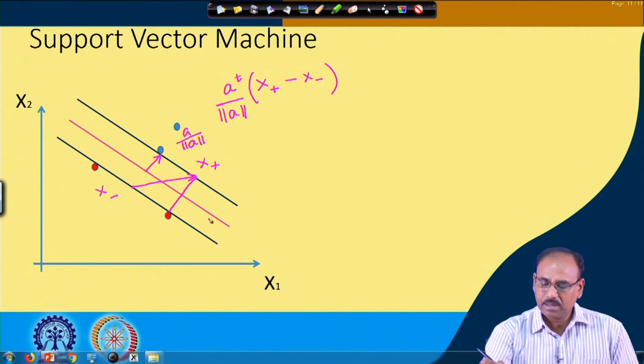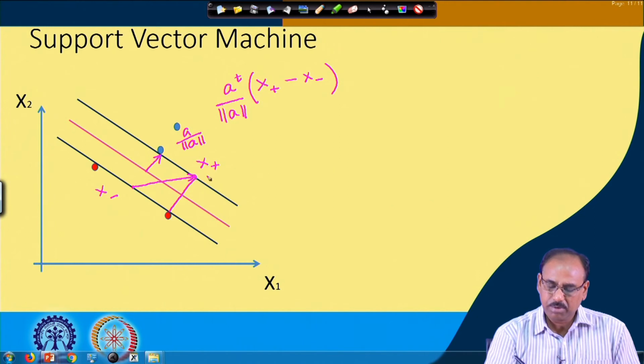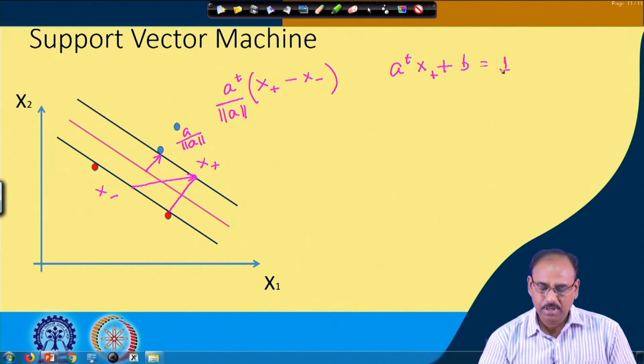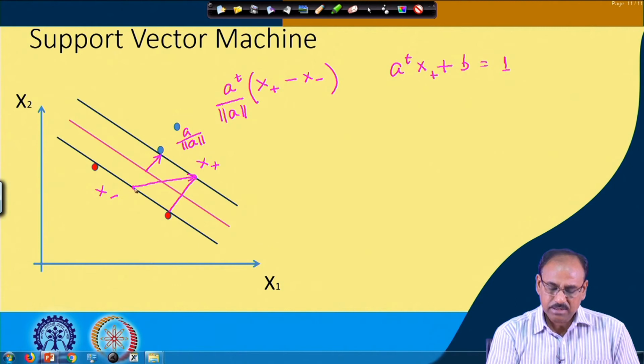And now you remember that we had the situation because this x plus is on the margin. So, I have A transpose x plus b is equal to 1, and because x minus is on the margin on the negative side, or on the margin into omega 2 side, I have this particular equation A transpose x minus plus b is equal to minus 1.